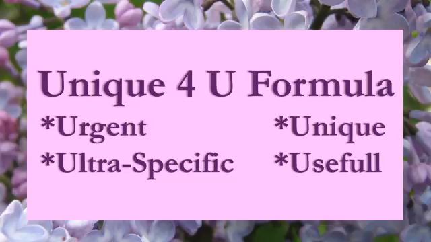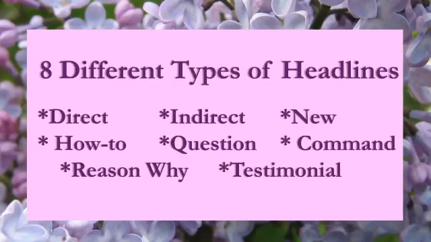Okay? So now, those are examples of different types of headlines that you can use on your blog post or your articles. However, master copywriter Bob Bly explains in the Copywriter's Handbook 8 different types of headlines that can be used as titles in this case.